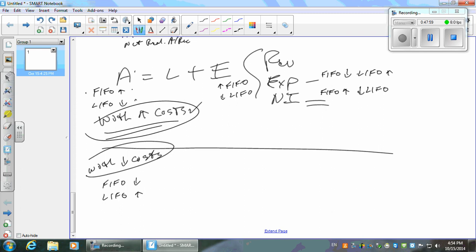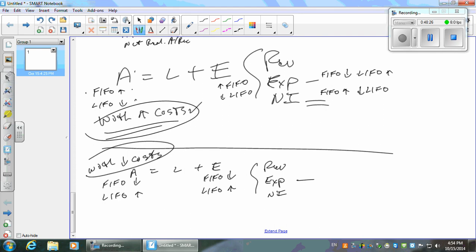Okay? For equity, what's going to happen? FIFO must be lower also because assets equal liabilities plus equity, and LIFO will be higher, just relative to each other. When we do the revenues, expenses, and net income, what do we have? This is assets, liabilities plus equity, okay? Revenues less the expenses, and cost of goods sold is an expense.